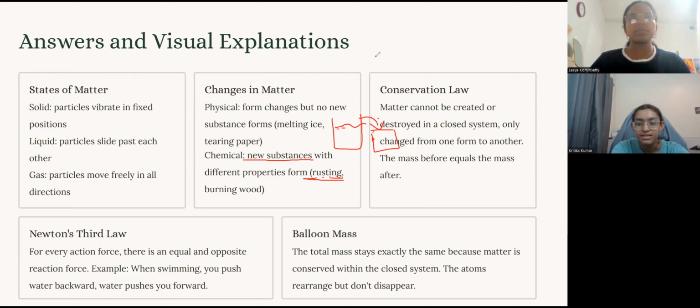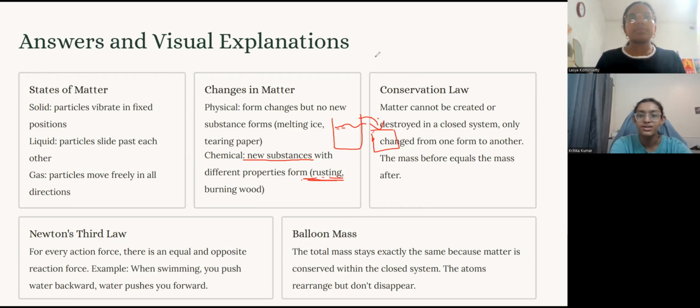So if you leave your iron rod in water and you come back later, you see rust, you're probably going to question, oh, where did this come from, right? It didn't exist earlier. So a chemical reaction occurs that causes this new substance to form.